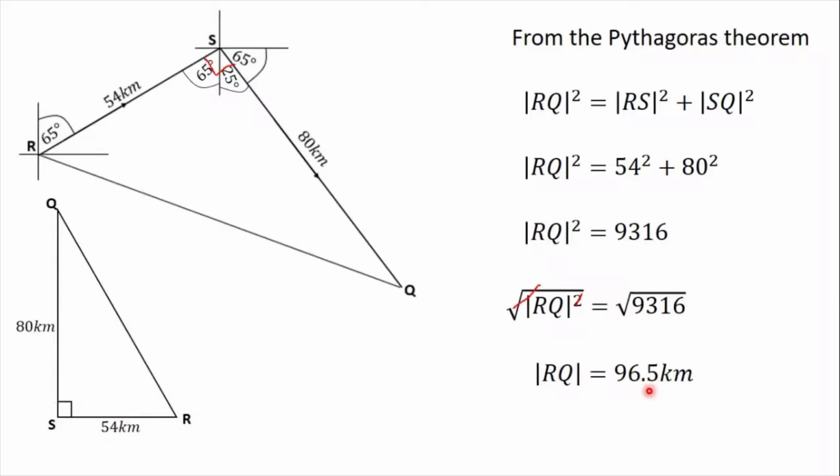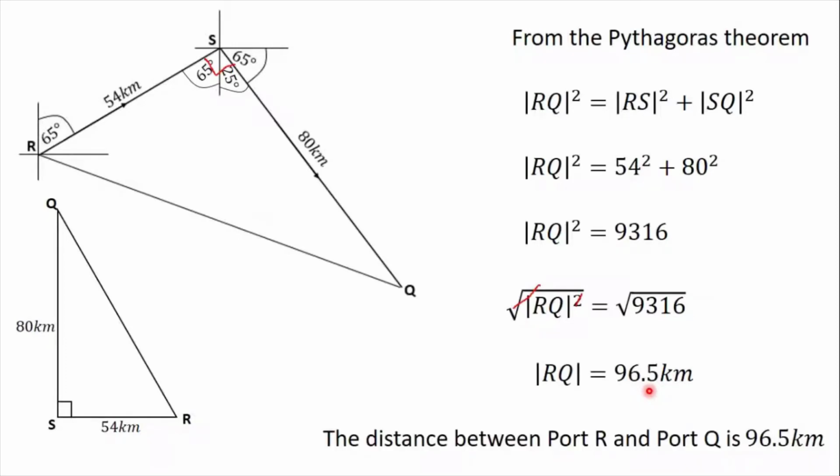There I explain how to do it manually, and also how to use the calculator to do it. So if you watch that video, you are going to get more knowledge about how to round your answer to the nearest decimal place. So we can say that the distance between port R and port Q is 96.5 kilometers.